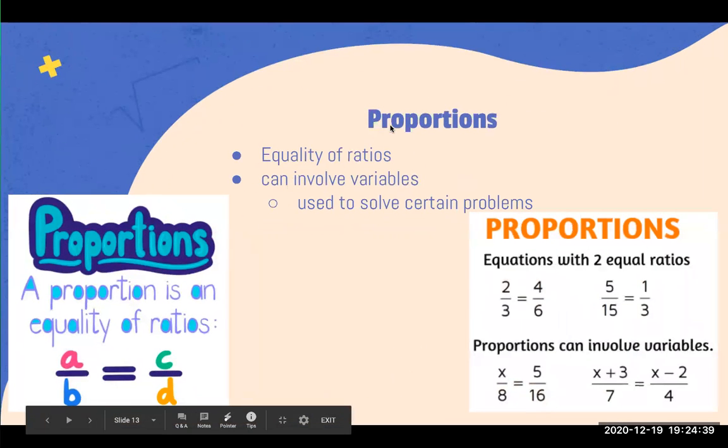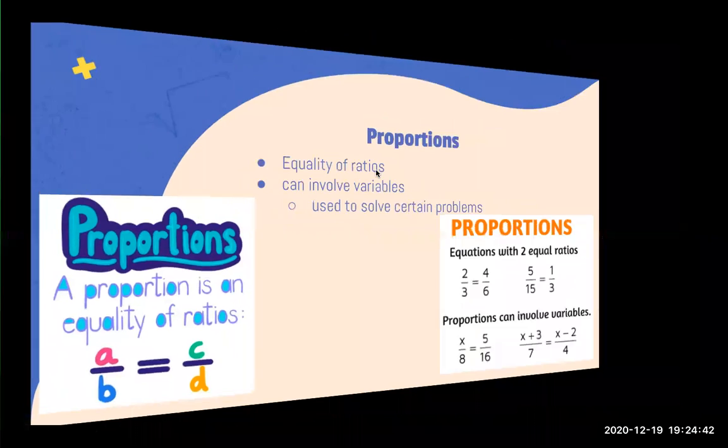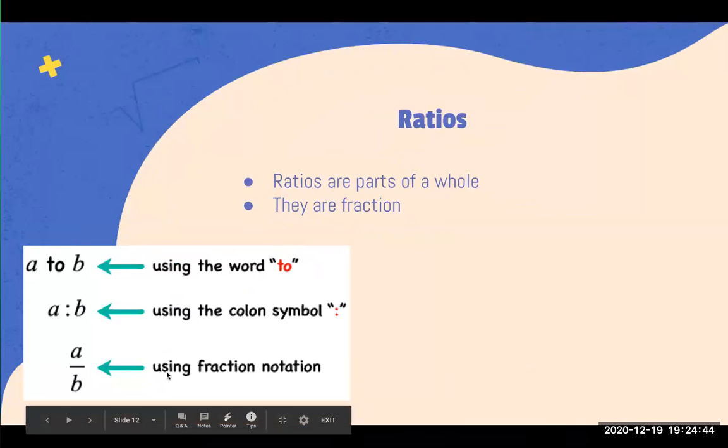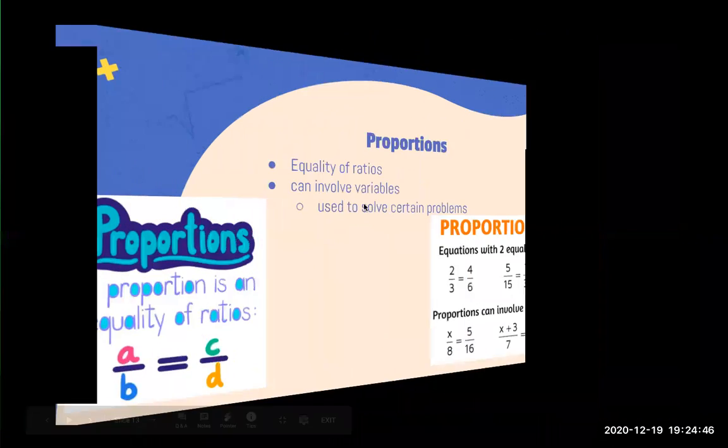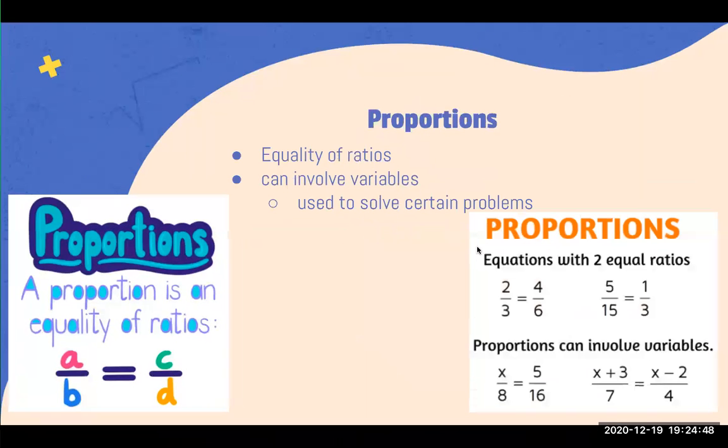Proportions. Proportions are the equality of ratios. Ratios are the things that we learned earlier. This can involve variables. Variables are like something that represents a number. It can be a symbol, a letter, or anything like that.